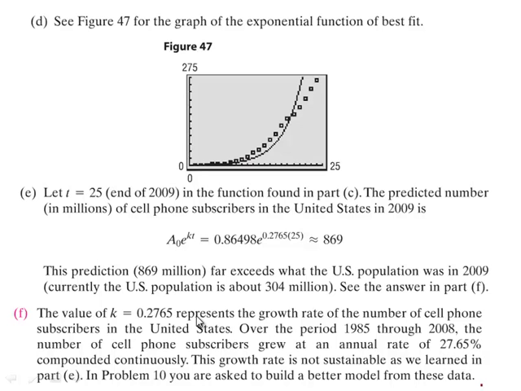That's the same as 0.2765 expressed as a percentage, with continuous compounding. We don't normally think about cell phone subscribers' rate of growth as being continuously compounded, but it works just as well with subscribers as for money. But understand, though, that this is not going to be a sustainable model, this exponential model, because the number of subscribers will eventually level out.